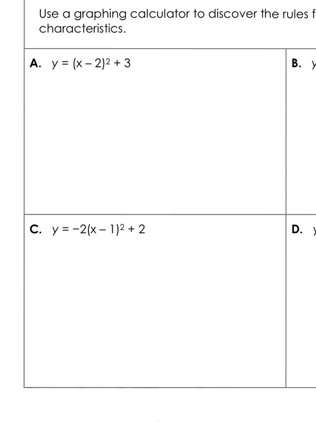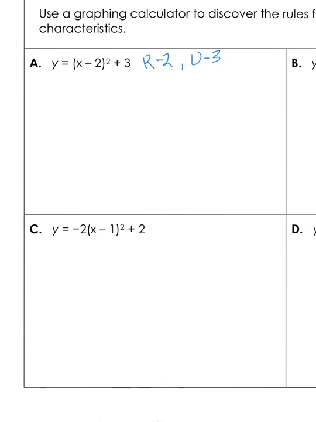Okay, so from here, I can see that we have a right 2 and up 3. So my movement is right 2 and then up 3.